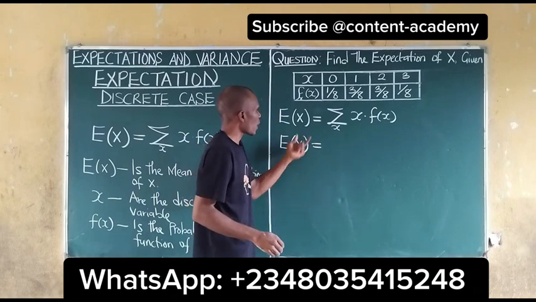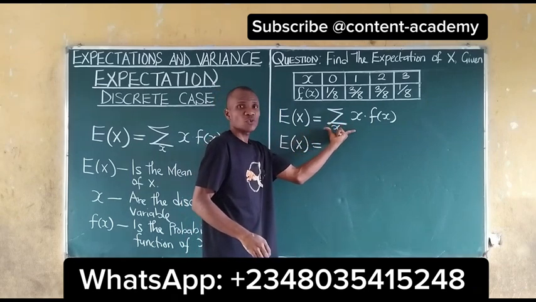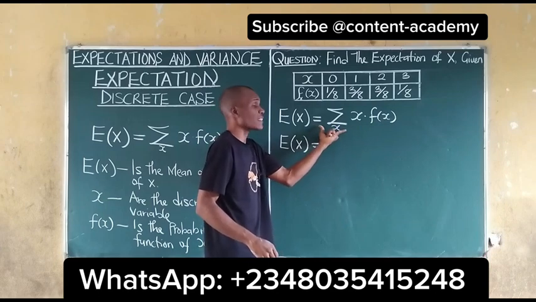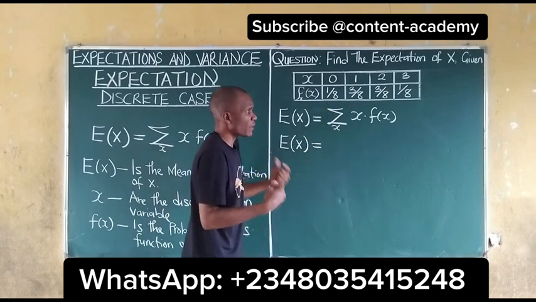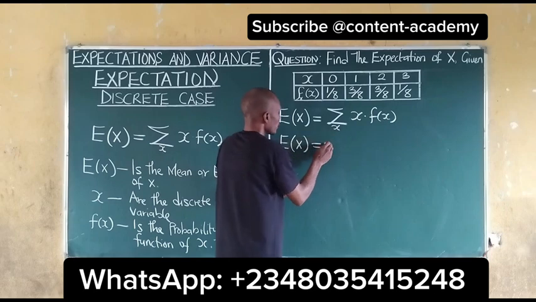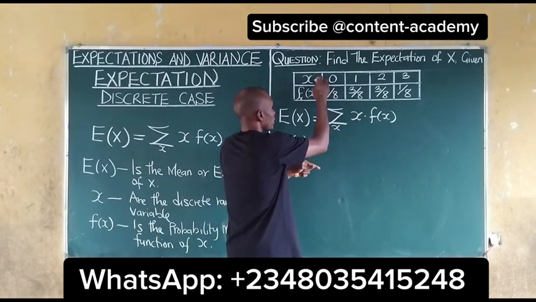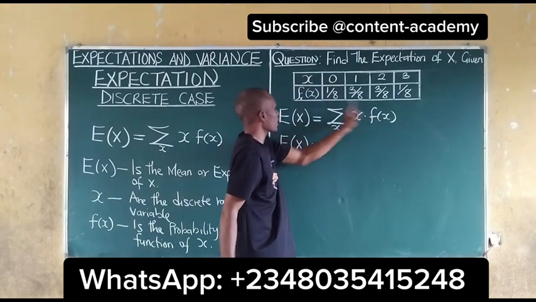So how do we make use of this formula, which has been stated here, as the expectation or the mean of x? Finding the expectation means finding the mean. So this means the summation of x values multiplied by f of x values.